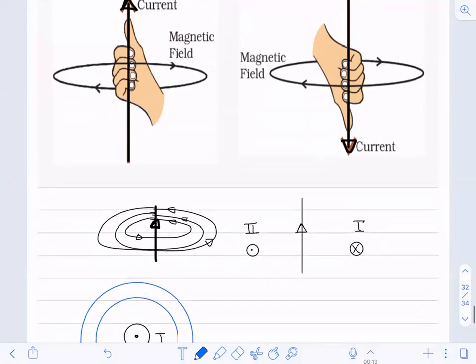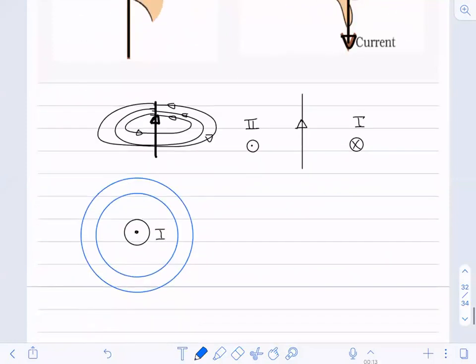The current is coming towards you from the screen. So just hold your fingers like that and see, are your fingers making clockwise or anti-clockwise motion? They'll be making anti-clockwise. So the magnetic field lines will be like this. This is the magnetic field line of this wire. Do you understand this now?